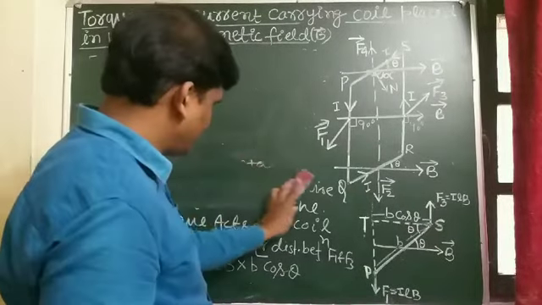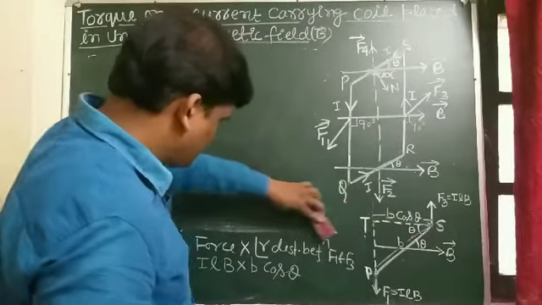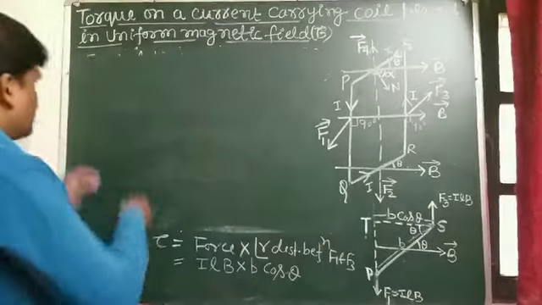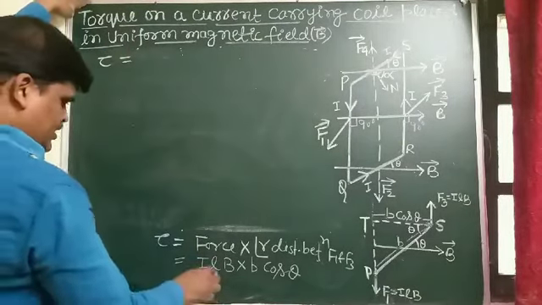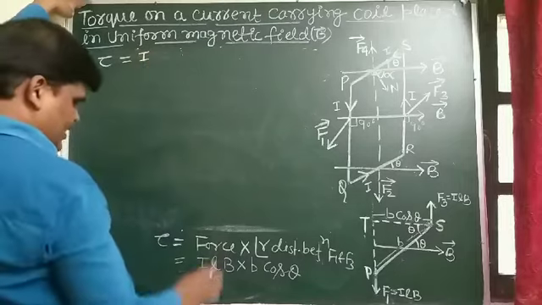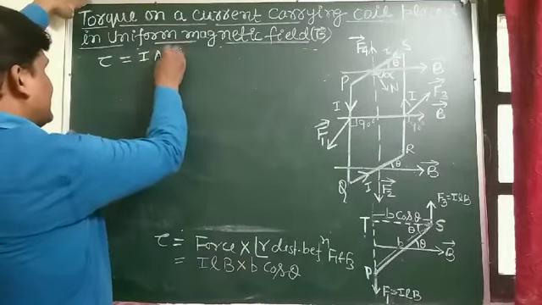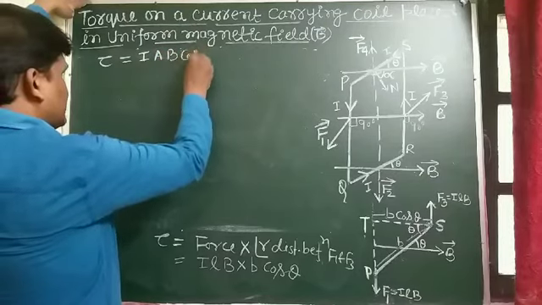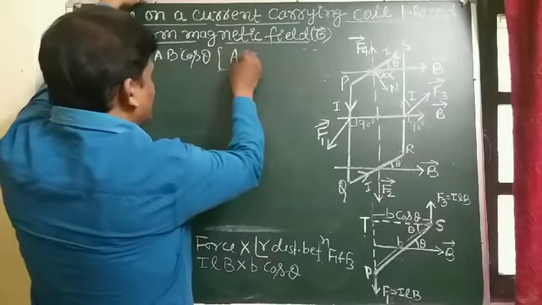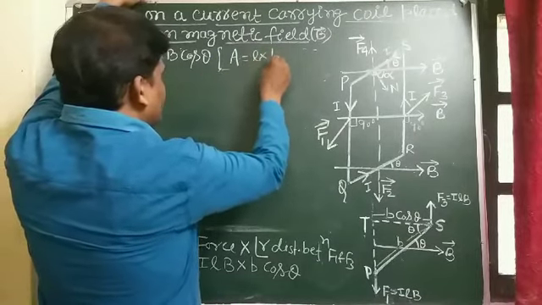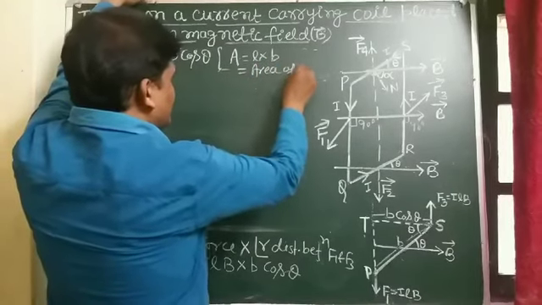So in this way we write torque acting on the coil PQRS. Torque can be written as, in place of L cross B, IAB cos theta, where A equals L cross B, which is area of loop, area of coil.